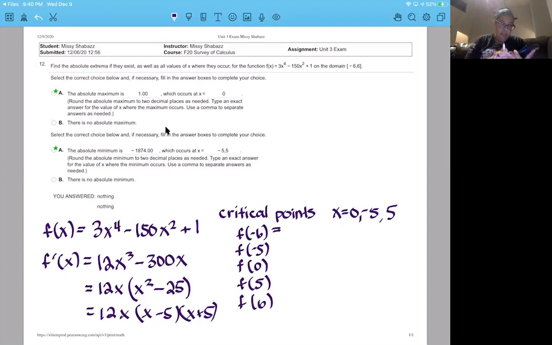These are all to the even power, so I should get the same thing for -6 and 6, and for -5 and 5. So 3 times 6 to the 4th minus 150 times 36 plus 1. So I'm getting a negative 1,511. Right, and I'm going to get the same thing for f of 6.